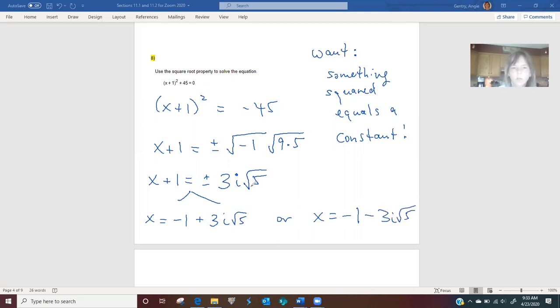Those are 2 answers, so that's or. Either or. Or you can write them as just 1. But be careful, it's not 1 plus minus, it's a negative 1 plus or minus 3i square root of 5. So those are all the same answer.